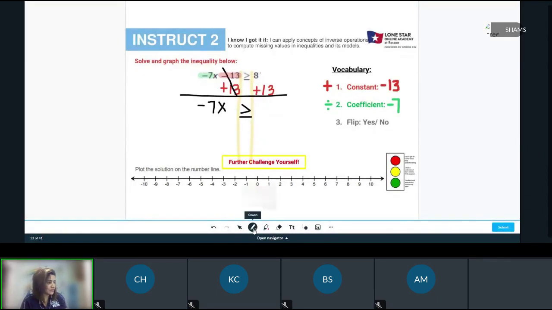So what happens, Leah? Minus 13 and plus 13 becomes a 0 and disappears. On the left side, you have negative 7x greater than or equal to 8 plus 13. 8 plus 13, you get 21. Is that good guidance?